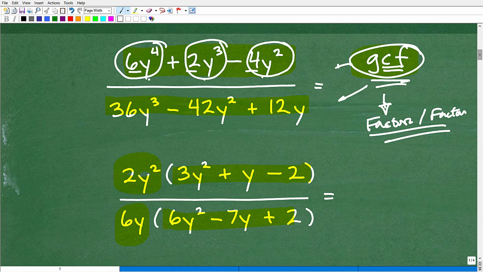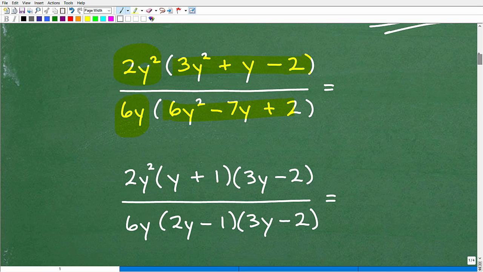So let's get to it, and I'm going to show you here. I have 2y squared, this is my GCF, and 6y is my GCF for my denominator. Now 3y squared plus y minus 2 can be factored as y plus 1 times 3y minus 2. I'm not going to teach how I went from here to there. Again, you're going to need to know how to factor.